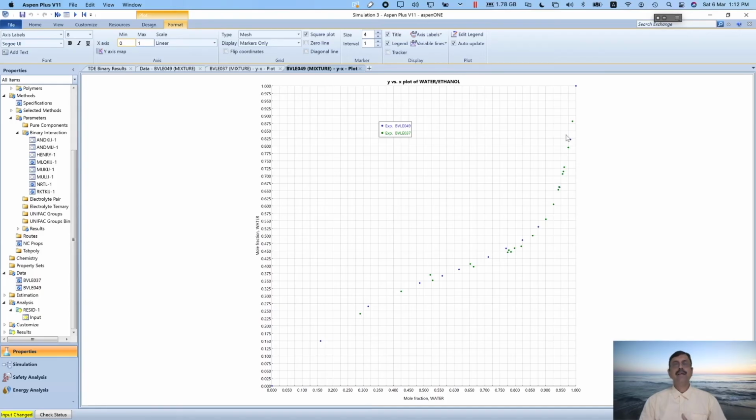That visually gives us confidence that both data sets have reliable data, because one data set has been obtained from a paper in 1943, and another data set has been obtained from somewhere else, and both of them have got a similar kind of data structure. So we can rely on this data set. Okay, so this is how we bring in the NIST data.